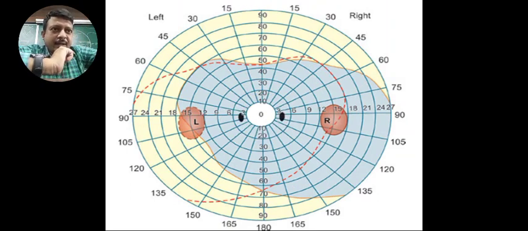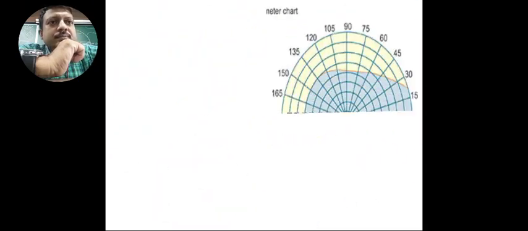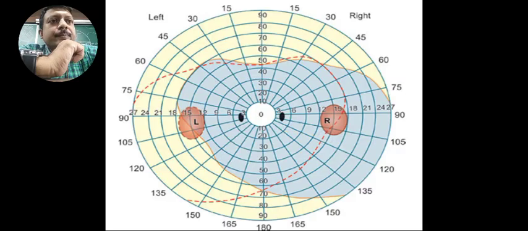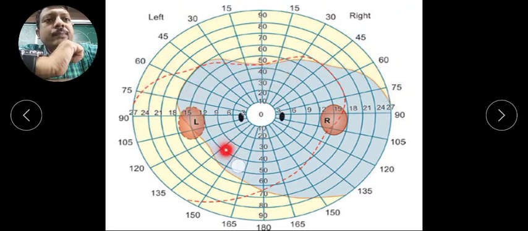Now this is the perimetric chart. This is the field of vision for the right eye, and the field of vision for the left eye.